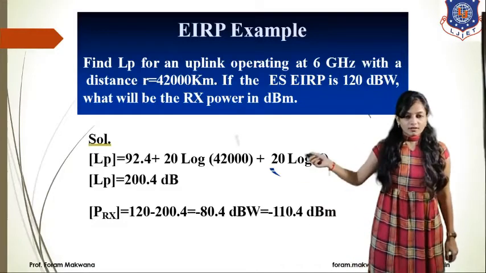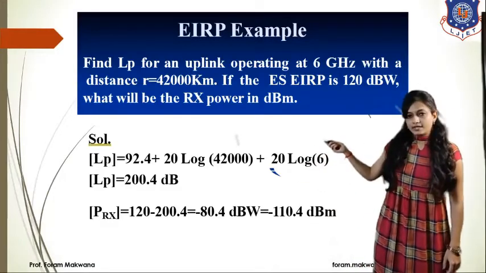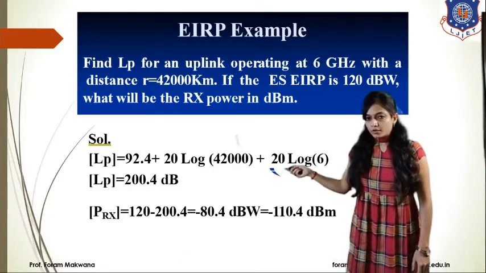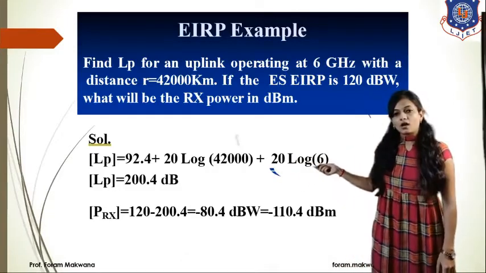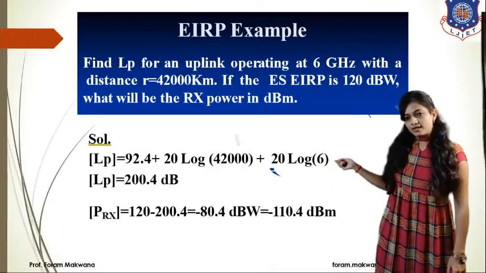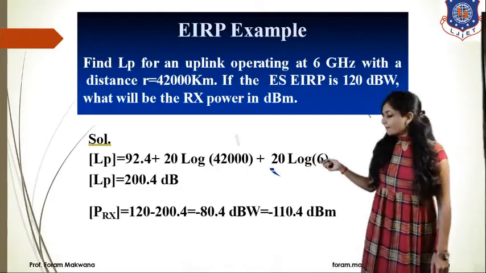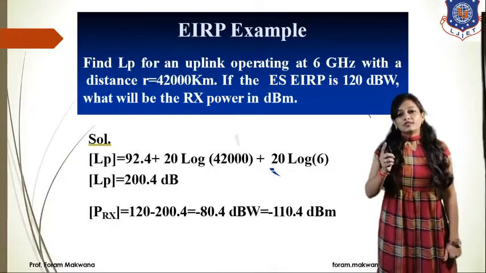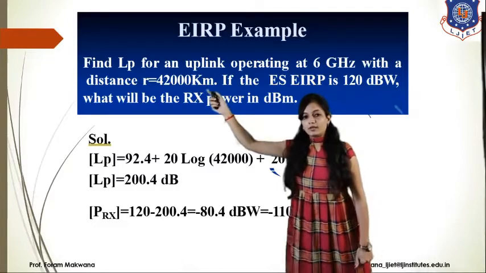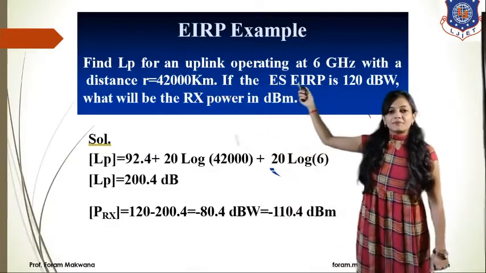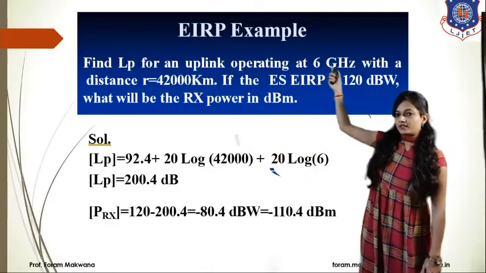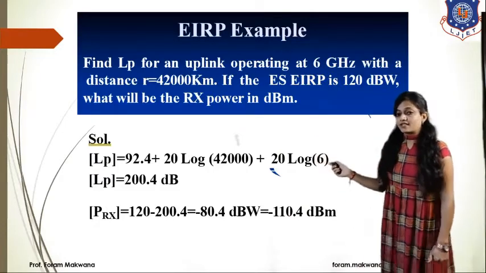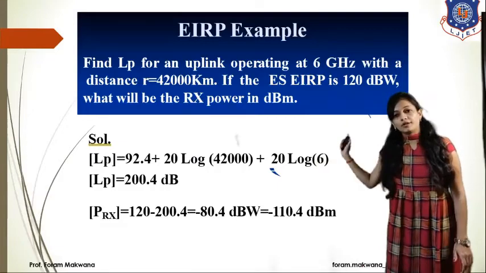Now, the formula that we have already seen: LP equals 92.4 plus 20 log frequency plus 20 log my range. Range is given as 42,000 km, plus frequency is already given in gigahertz. So we are not placing 6 into 10 raised to 9 because it is already in gigahertz.